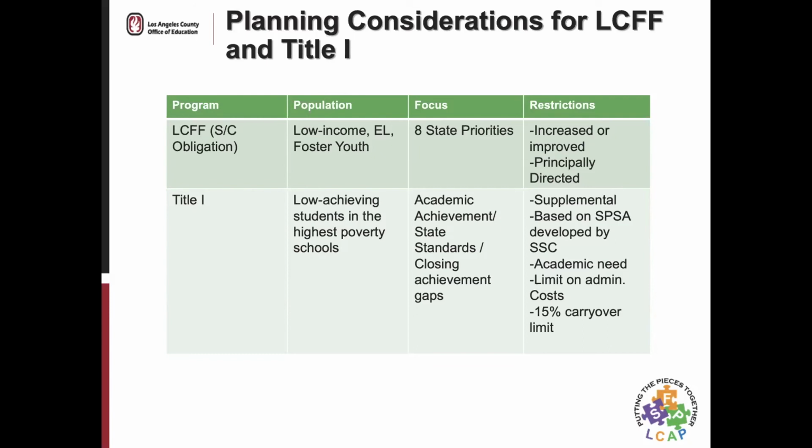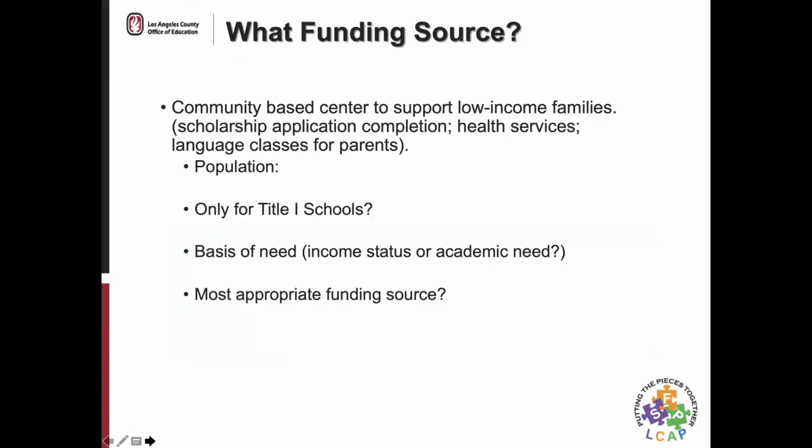So let's see how that plays out in the real world. Say your district decides they want to do a community-based center to support low-income families, with scholarships and health services and all kinds of great stuff for students from low-income families. So think about who the population to be served is.